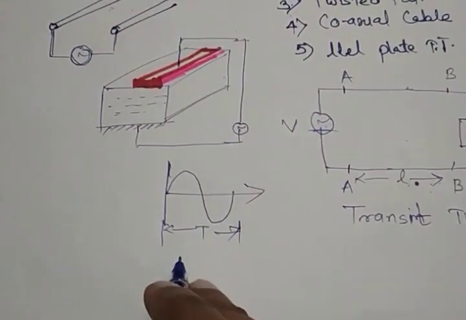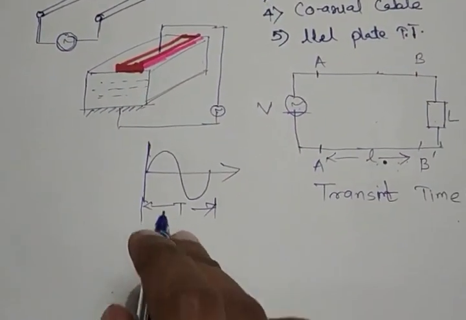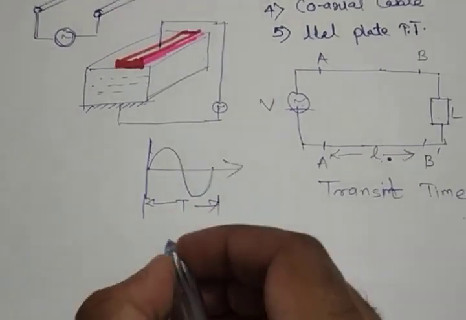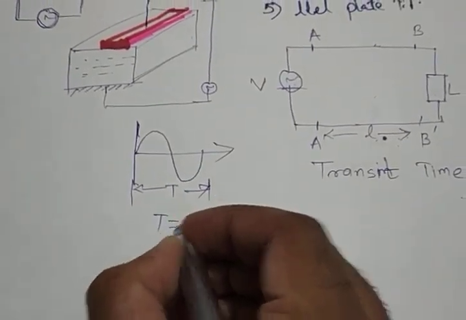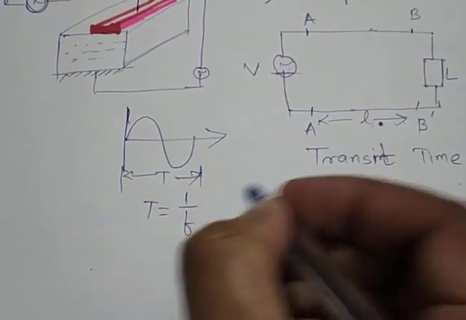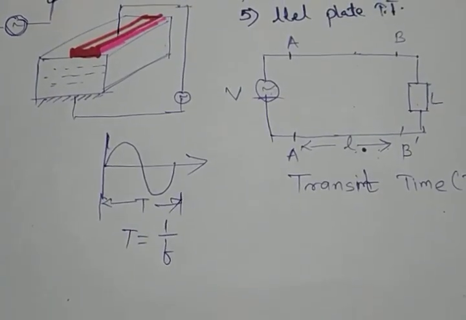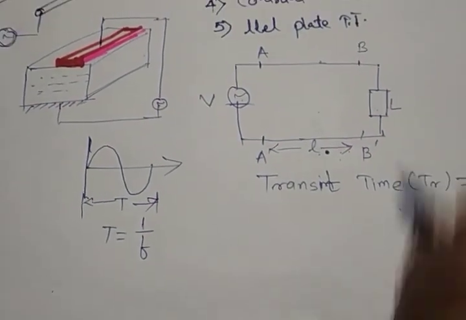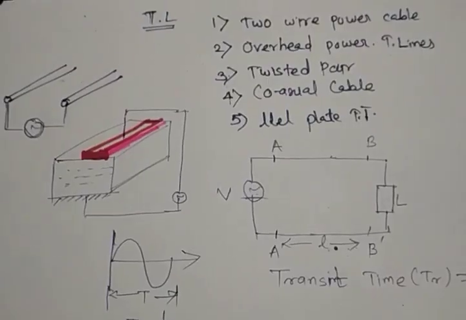It is a low frequency, but we get more power out of these lines. Say we have T, and this time period T is defined as 1 upon F, inversely proportional to the frequency.